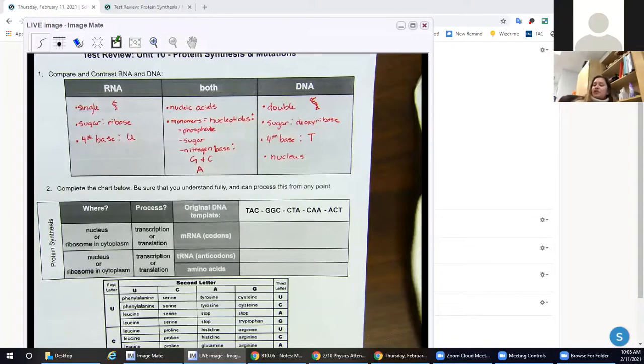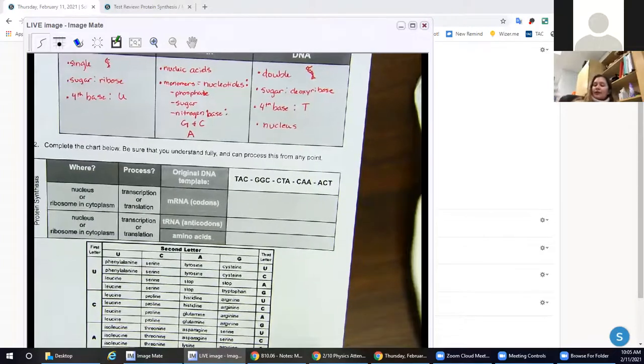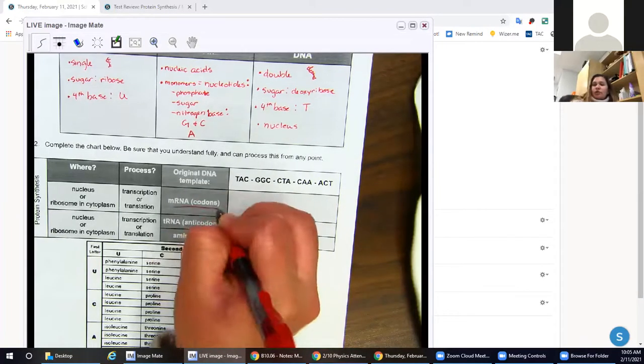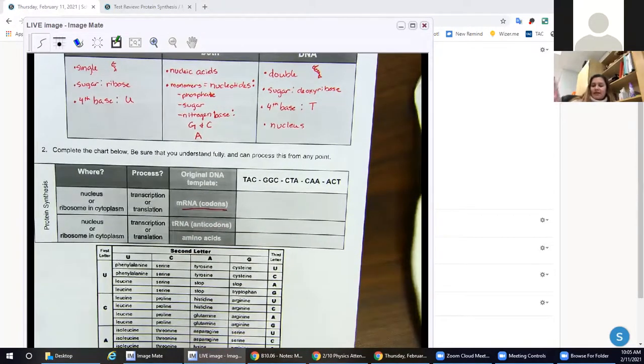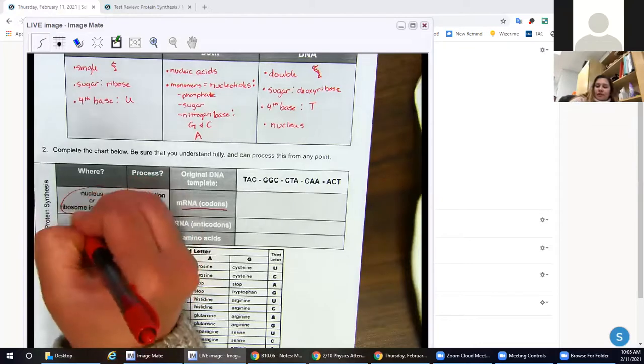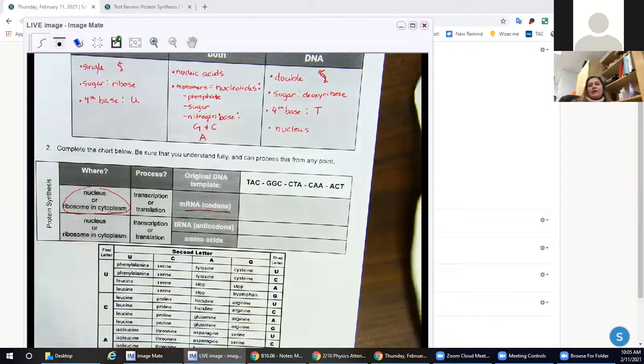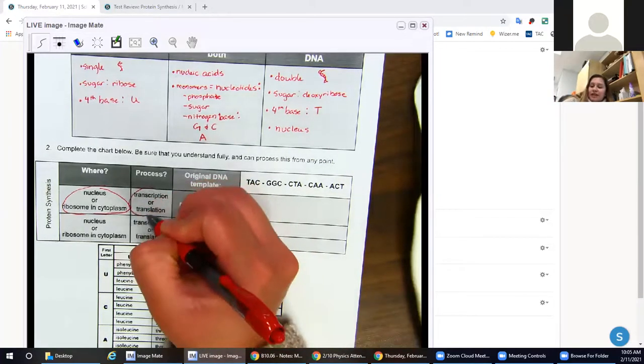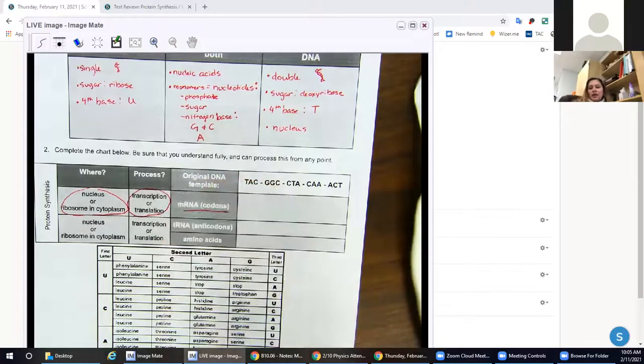So we're going to complete the chart below, and then we're going to compare them to our amino acids. So the first one we have is mRNA, the code with the codons, and that's going to be in both the nucleus and the cytoplasm. Remember, it can move. mRNA is also involved with both transcription and translation. We use it first in transcription to copy DNA, and then we use it in translation to make the proteins.